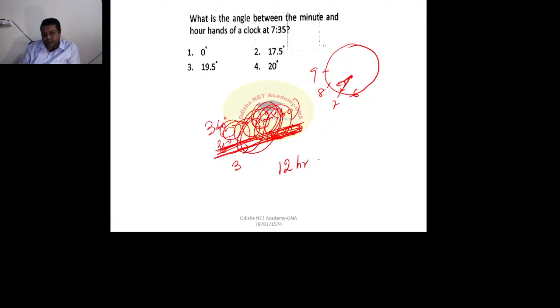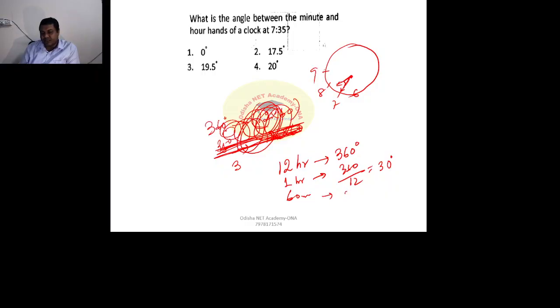Within 12 hours it creates 360 degree. So 1 hour it creates 360 divided by 12, that is 30 degree. 12 hour means 60 minute.